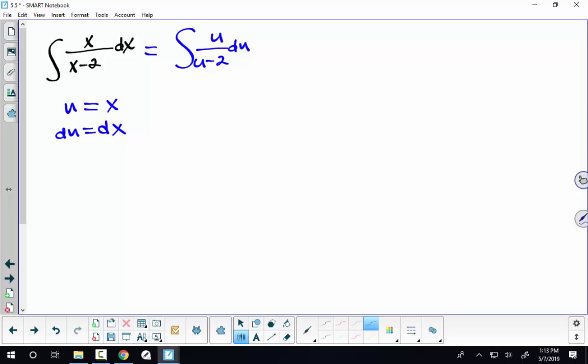And so that didn't help any, right? We just turned the x's into u's and it's still the same problem. So at that point we might say, well, let me try the bottom. Let me try to let u equal x minus 2. Note the derivative of u with respect to x is still 1 dx, so we still have du equals dx.